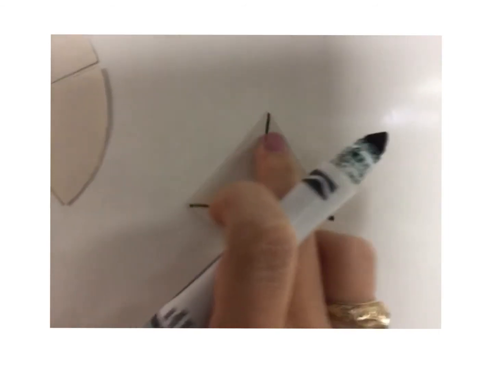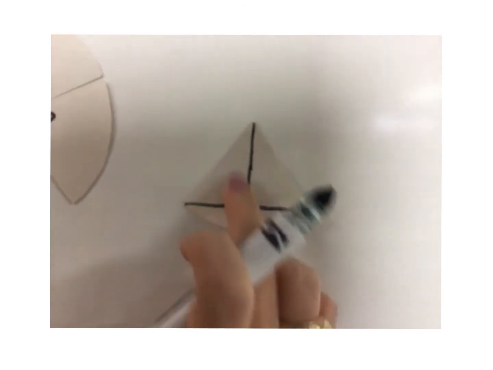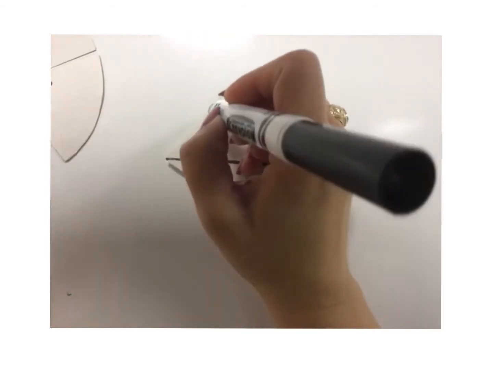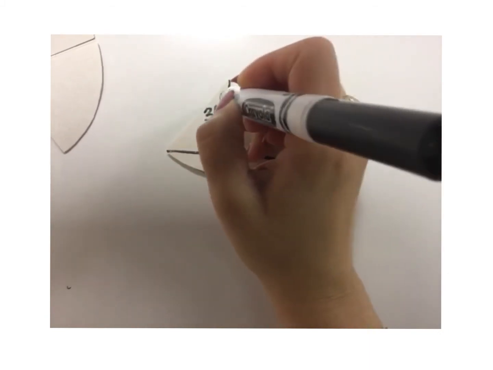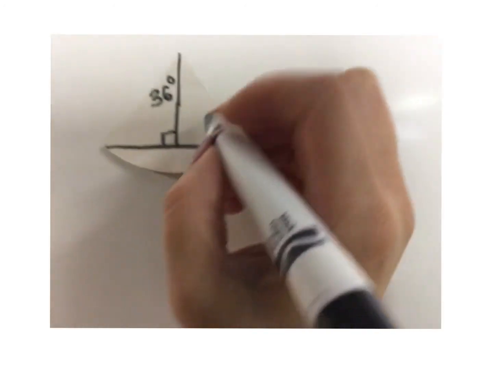So, if this whole angle is 72 degrees, but it's getting bisected, then right here I have 36 degrees. So let me label that as 36 degrees. Okay, so this is my apothem.